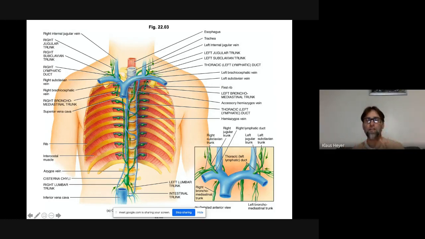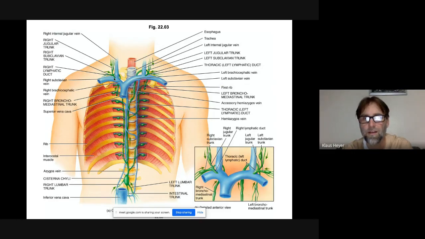And all the trunks converge into two ducts. Left duct, right duct. This is the left duct here, starting with this big thing and going into the subclavian. The right duct is little. It starts right here where my pointer is, and it comes up just like that.